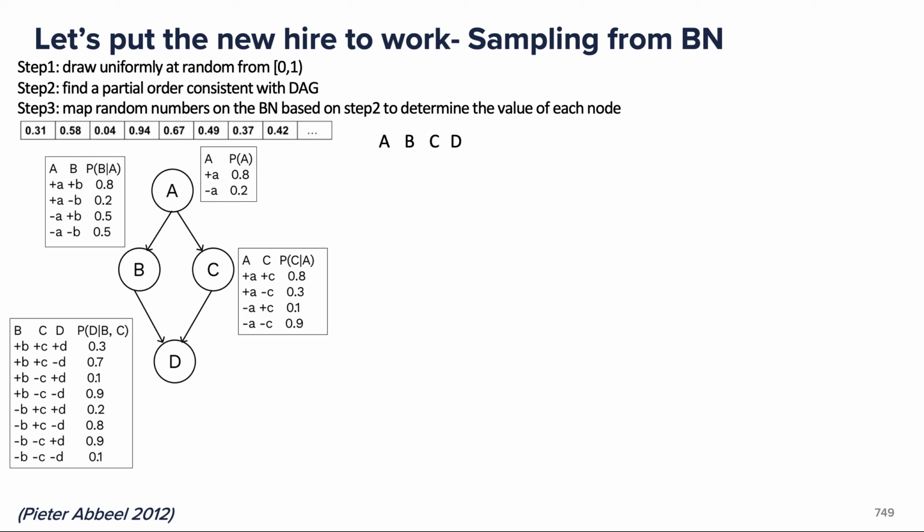Step 3 is to map the random numbers onto the Bayesian network based on the order we already decided, and then we determine the value of each node based on the probabilities.